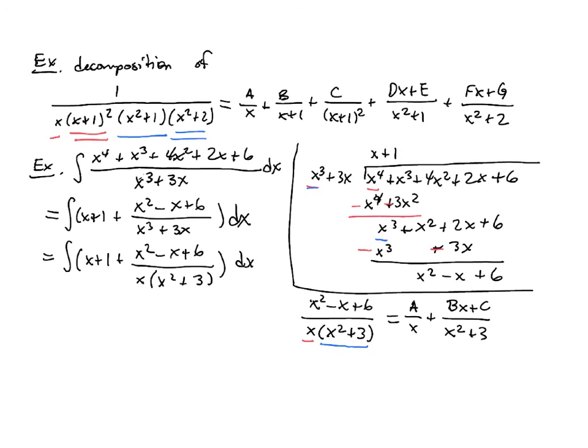Clearing the denominators like we've done previously, I'll multiply both sides of this expression by x times x squared plus 3, and we end up with x squared minus x plus 6 equals a times x squared plus 3 plus bx plus c times x. And we'll see on the next page how to continue with solving that.